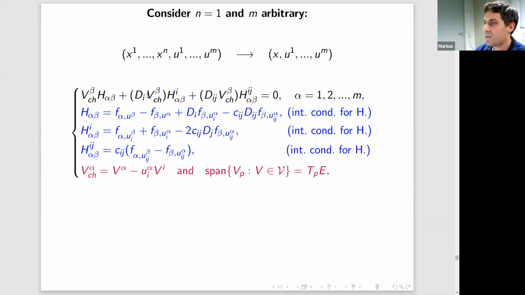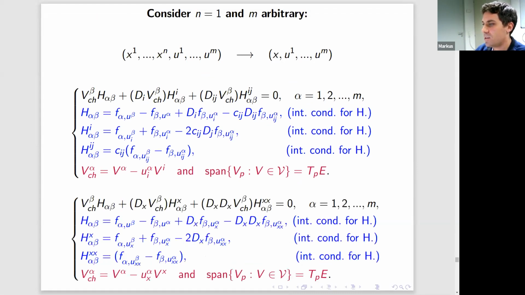Then the contractions with the indices i and j simplify a little bit. I can always write x here, because there's only x1, right? Everywhere there's an index i and j, I write x, and these coefficients are all 1 in this case. So it simplifies a little bit, and we have to solve this system.